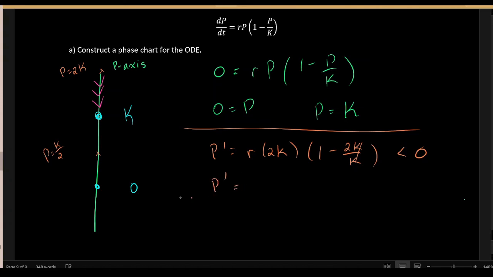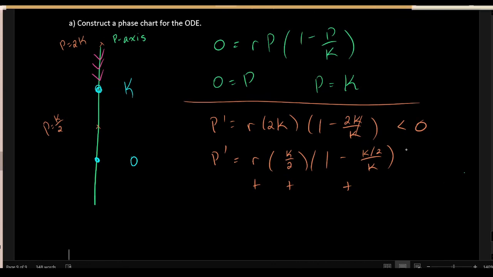Mathematically, if I plug in k over 2, then I get r times k over 2 times 1 minus k over 2 divided by k, which simplifies to a product of 3 positive numbers, and so that results in a positive number, as we expected.